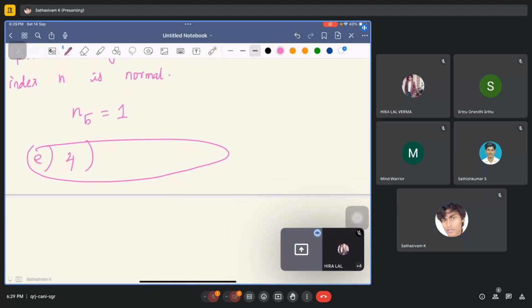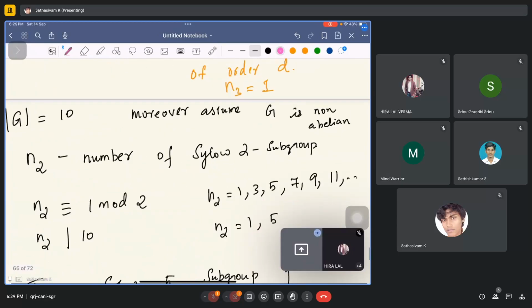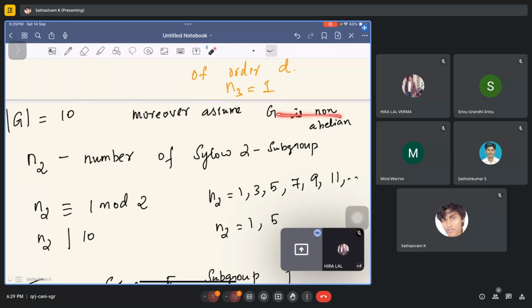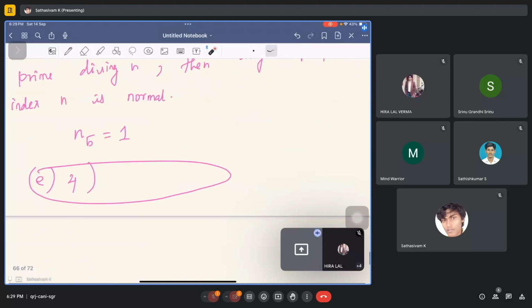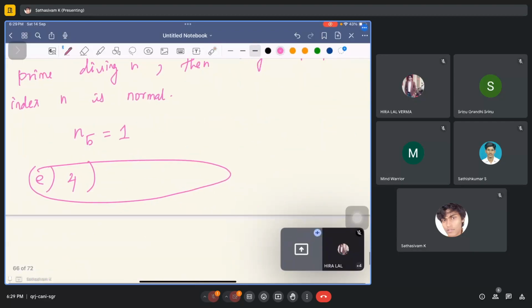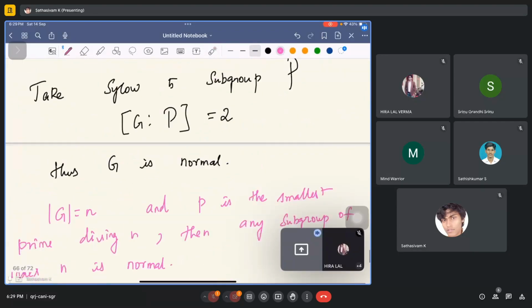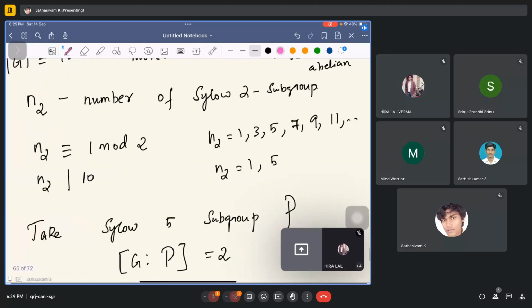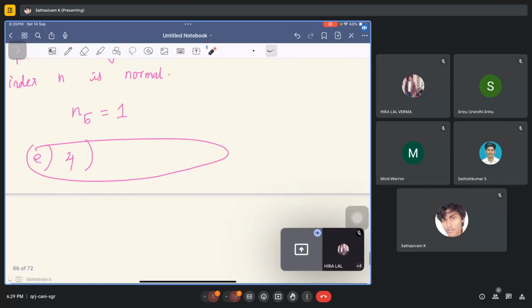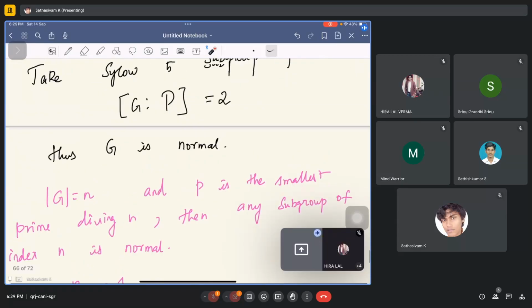Every other element has to have order 2, because we are assuming the group is non-abelian. If N2 is 1, there's only one element of order 2, and adding it gives only 6, but you need 10 elements. So that is not the case.